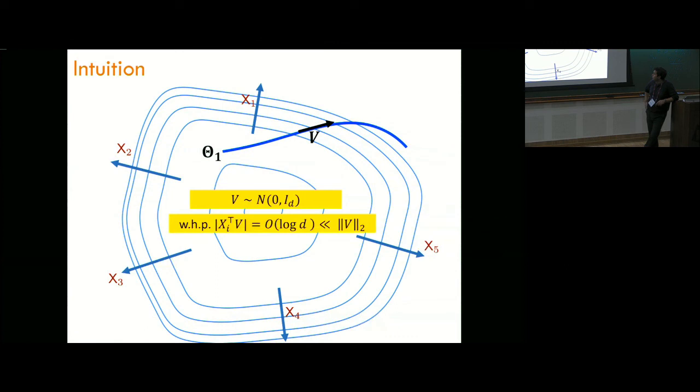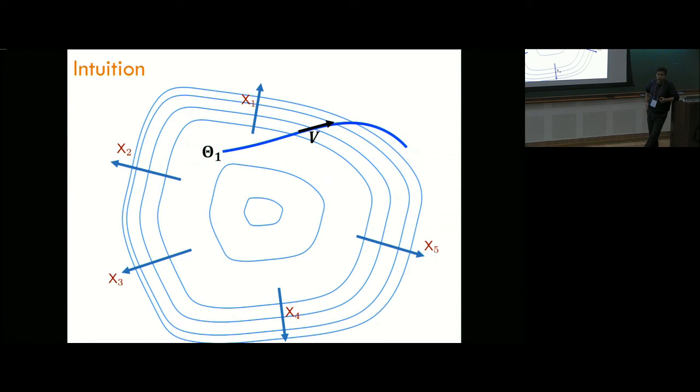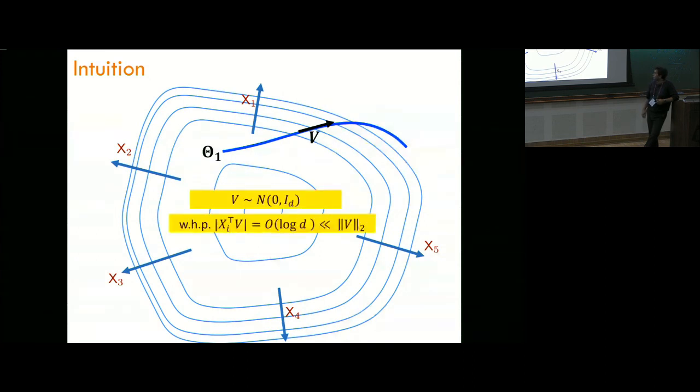This is a pictorial view. I can spend 30 seconds on this. These are the data vectors. The thing is that I know, because of the way we have chosen the Hamiltonian, that the velocity, if you were to pick it from the invariant distribution, will be a Gaussian vector, and there I know that the correlation with any fixed vector is small.